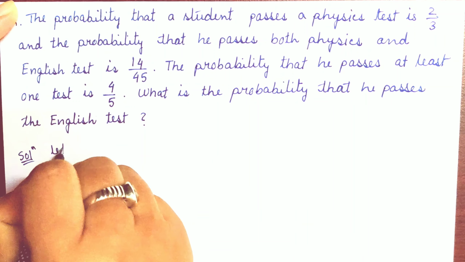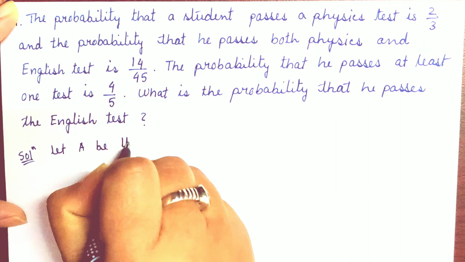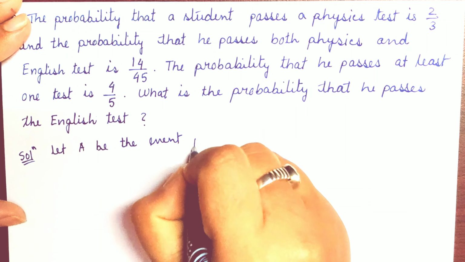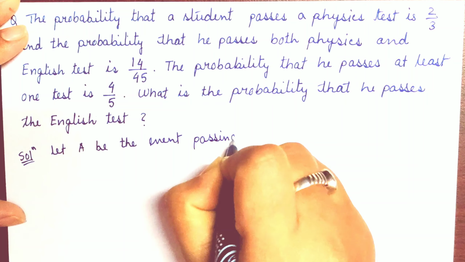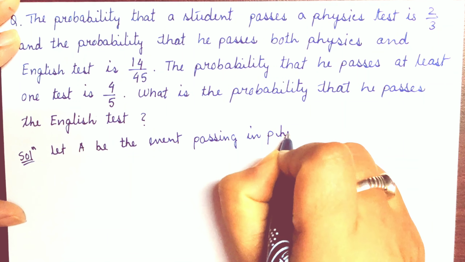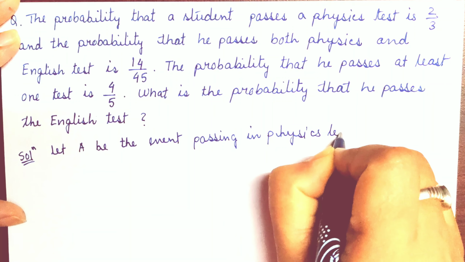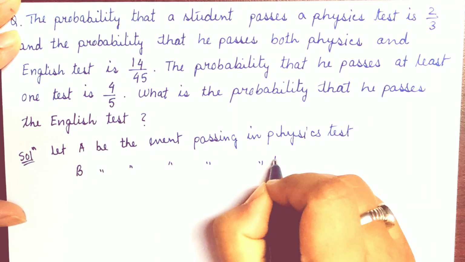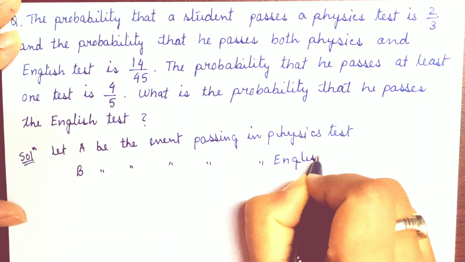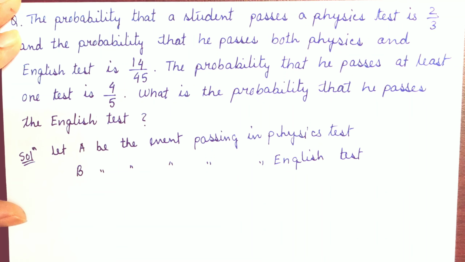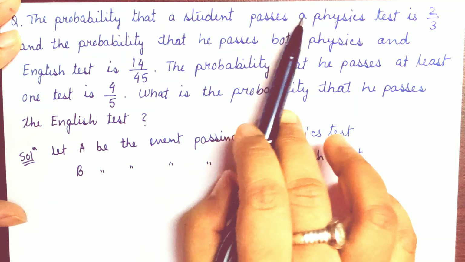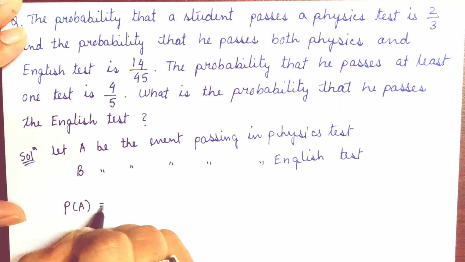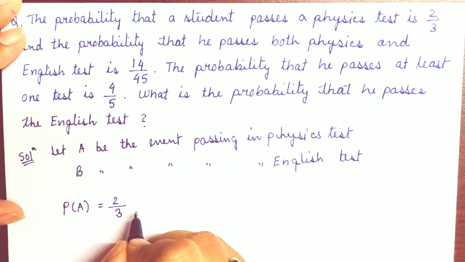First of all, we assume that A is the event of passing the physics test, B is the event of passing the English test. By the question, it is given that the probability of passing physics, PA, is equal to 2 by 3.